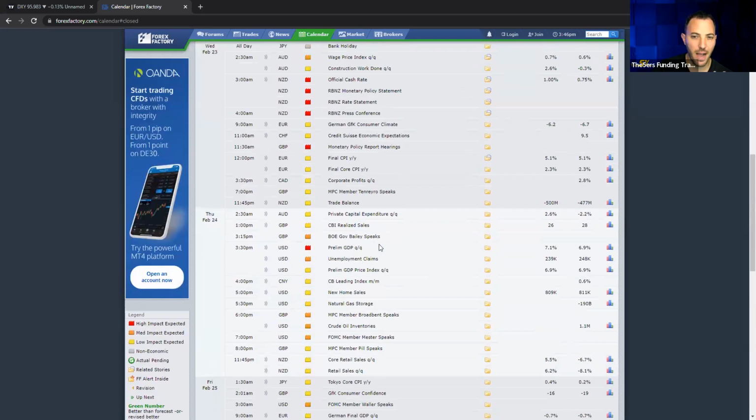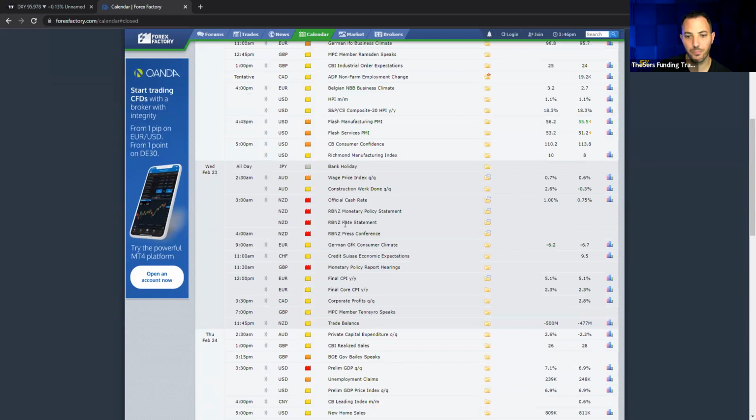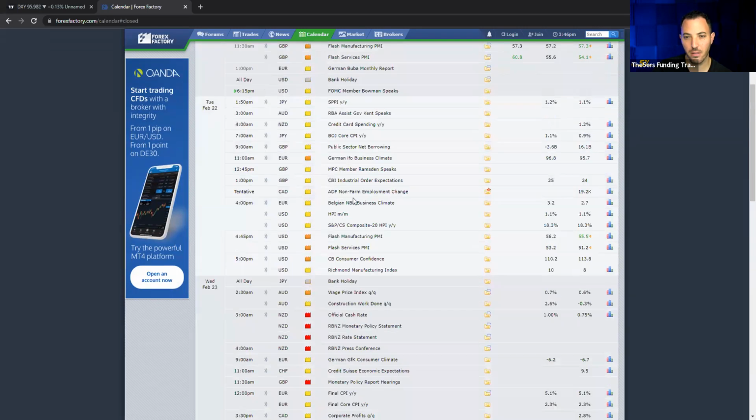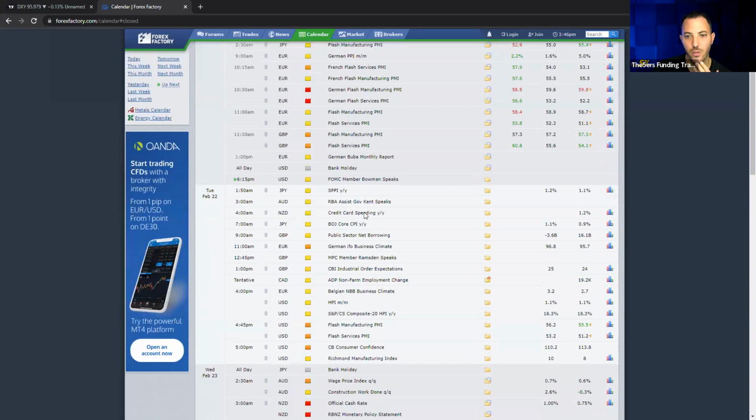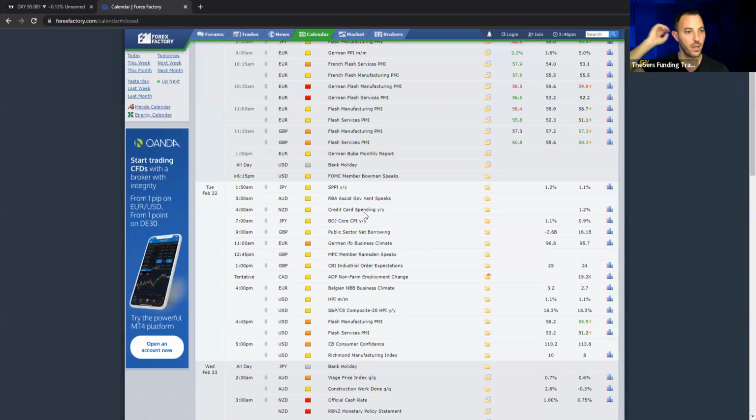So in terms of high impact news, I would stick to the Kiwi. I don't see anything else during this week. So that's why I don't think we're going to have important breakout levels on the major pairs. So with that, let's jump into the platform. Let me share that for you.